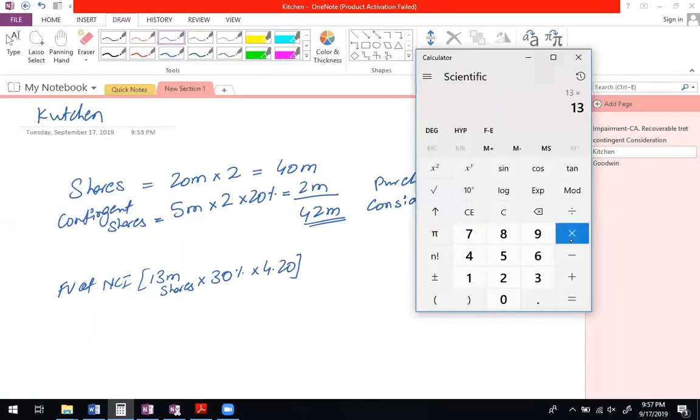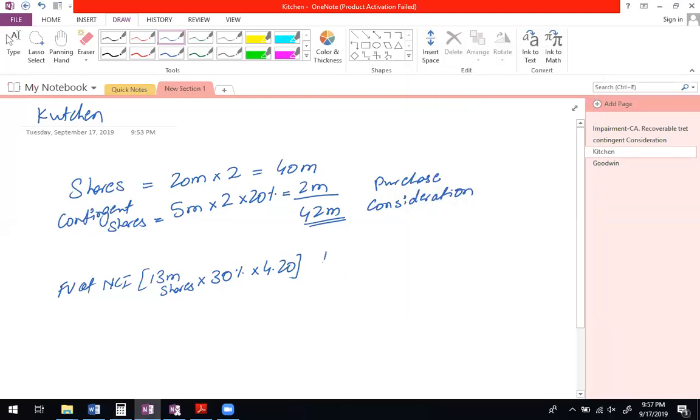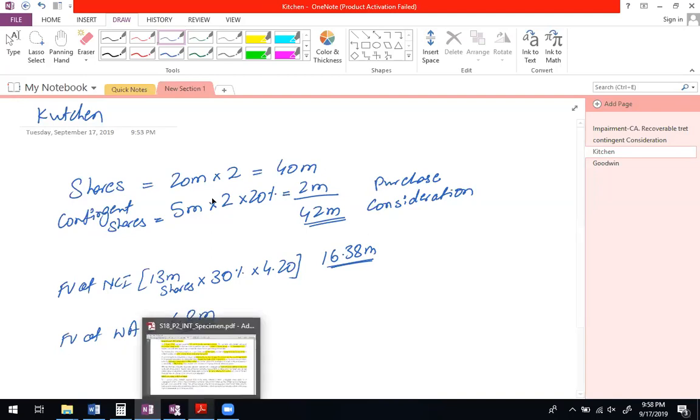So 13 into 30% into 4.2 will give us the value of NCI being $16.38 million. So this is the value of the NCI. And the fair value of net assets is how much? $48 million, which the question informed us over here.